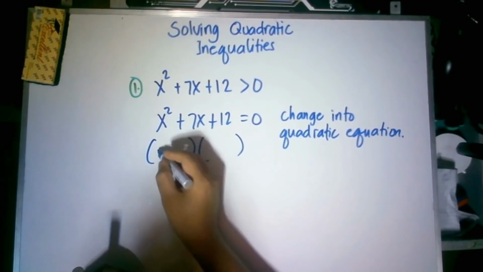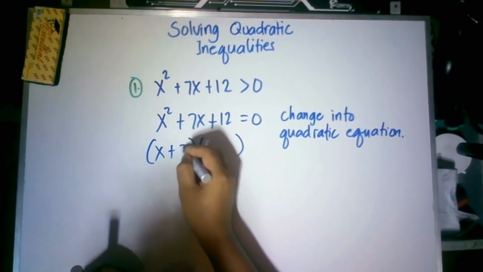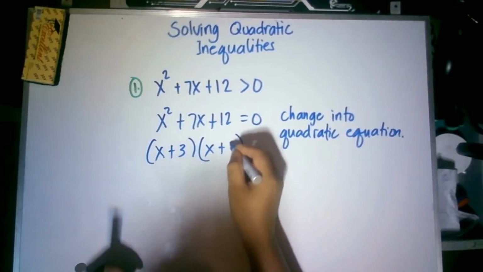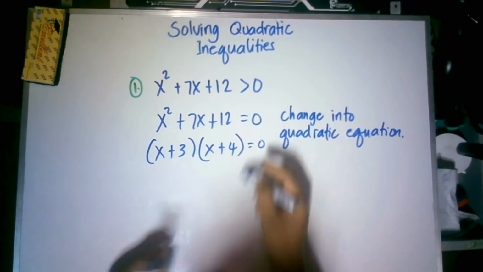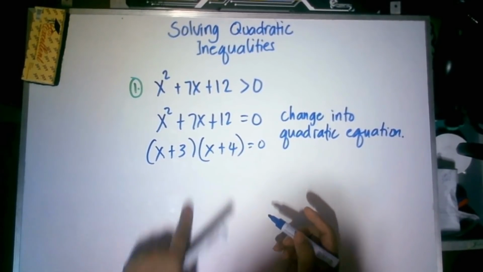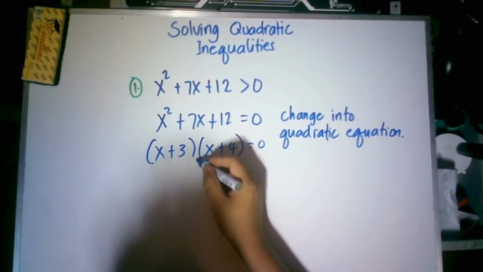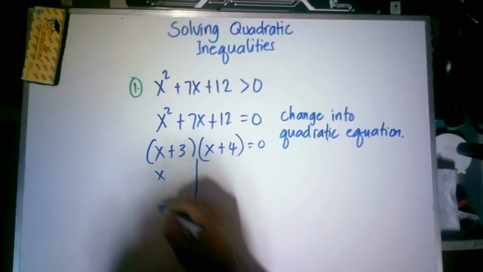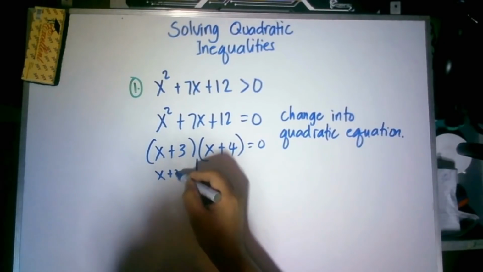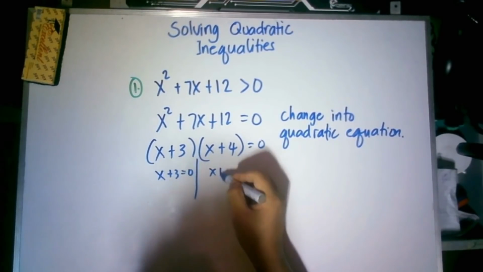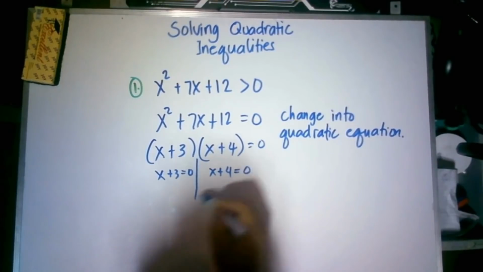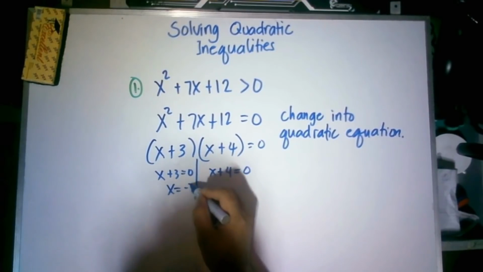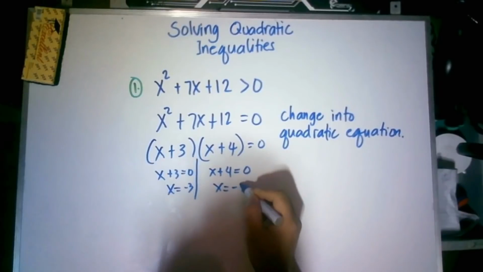Which is x plus 3 and x plus 4. Ang akong technique gigamit diri is ang factoring, no? So since makuha na to ang value ni x, this is x plus 3 equals 0 and x plus 4 equals 0. So therefore, x equals negative 3 and x equals negative 4.